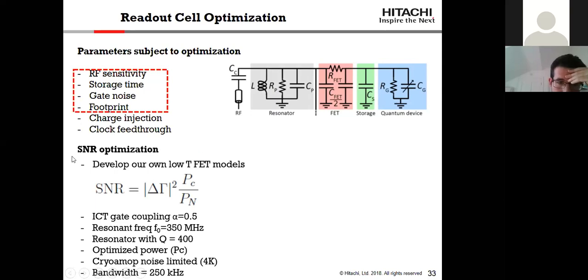In order to do SNR optimization, we just use the formula that I presented in the first part of the presentation with a set of parameters given here.